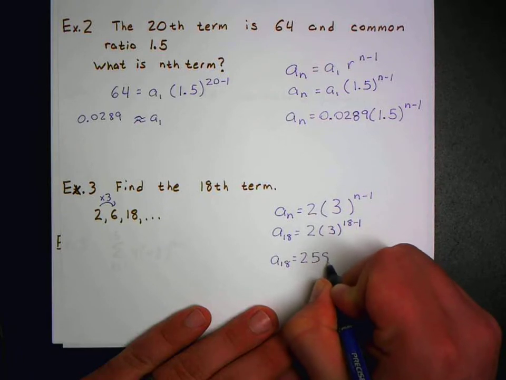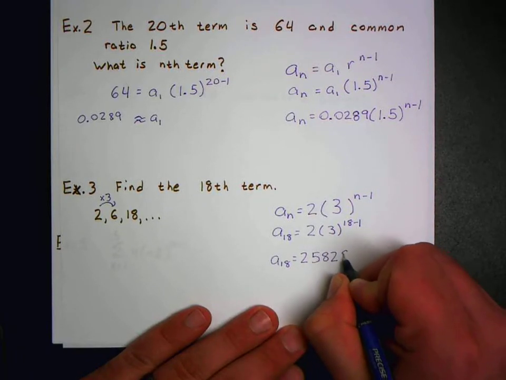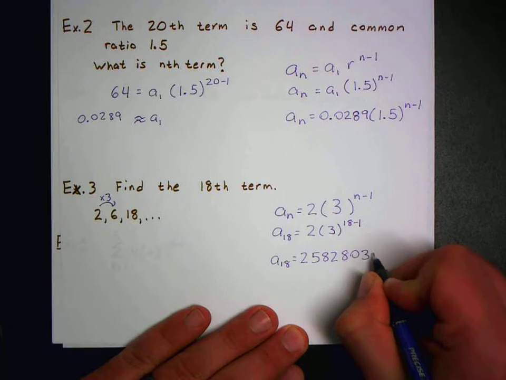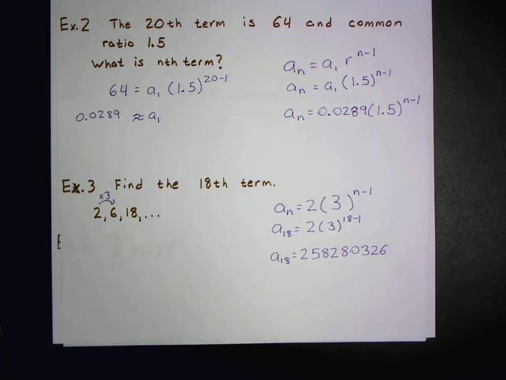So this huge number. Which happens with geometric terms. Geometric terms grow very quickly because they're exponential.